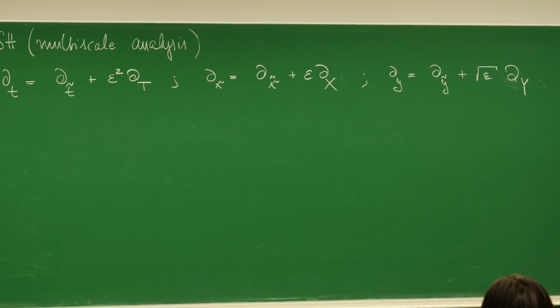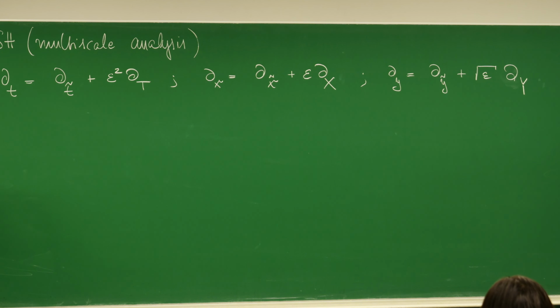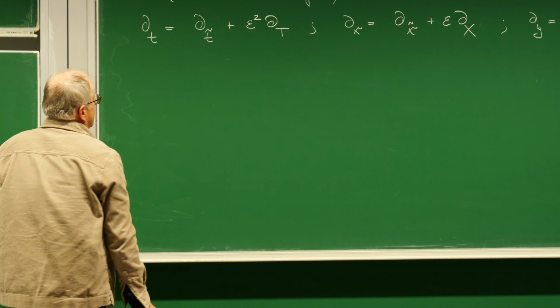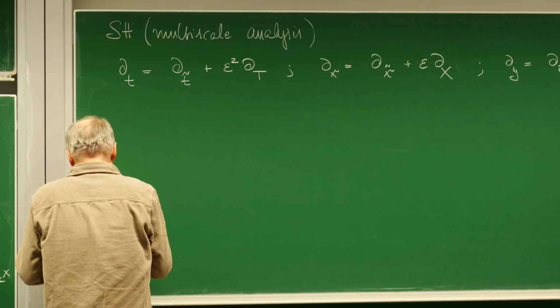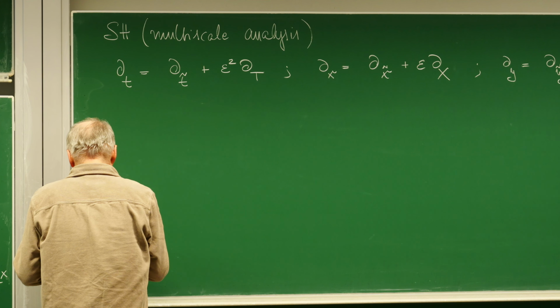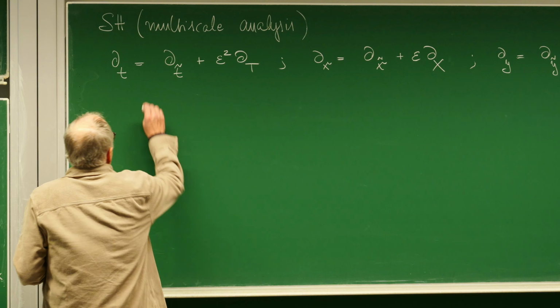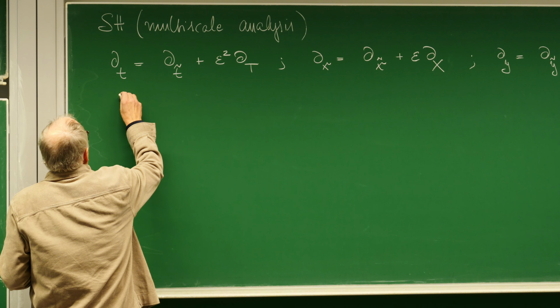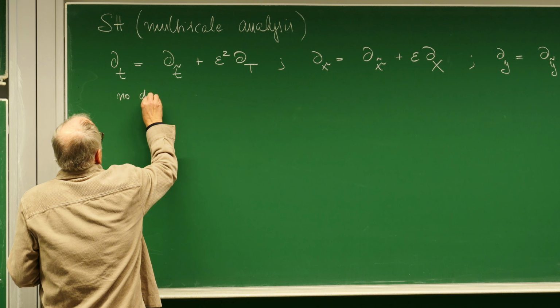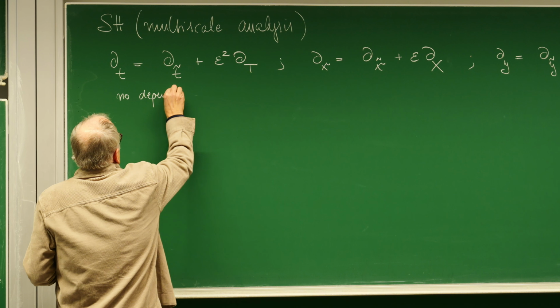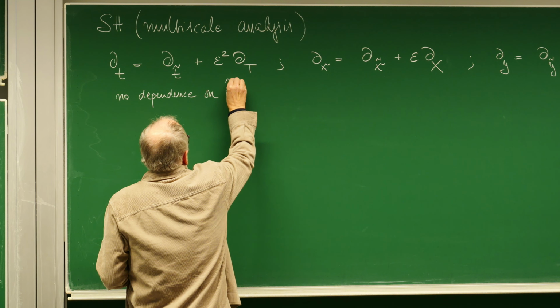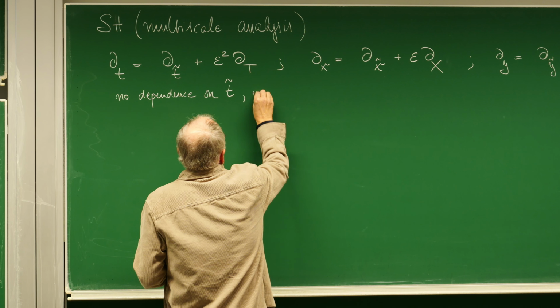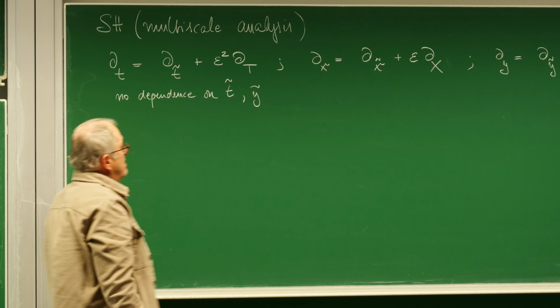So I insert all of that into the Swift-Hohenberg equation. One thing I need more: there's no dependence on t twiddle and also y.